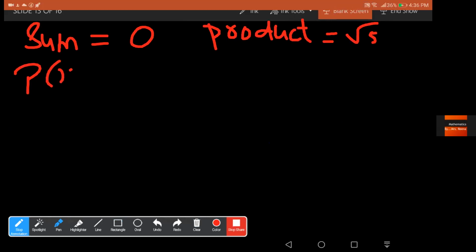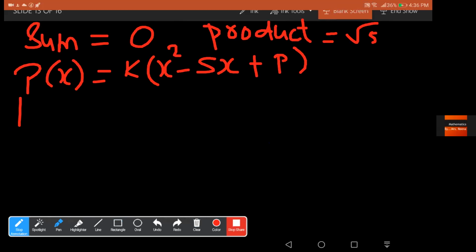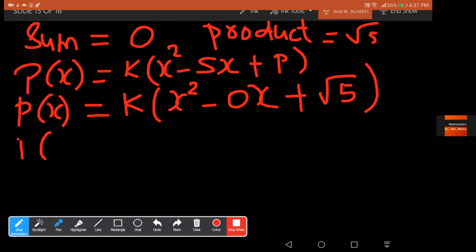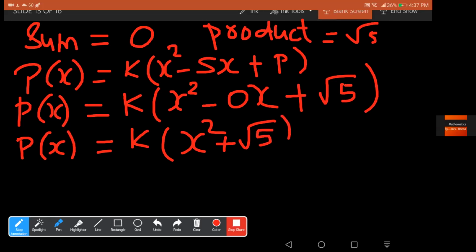So our required polynomial will be k into x square minus sx plus p. It can be written as px is equal to k into x square minus 0x और p की जगह पे आ जाएगा √5. So 0 into x will be 0 only, so we can write it as 0 plus √5.